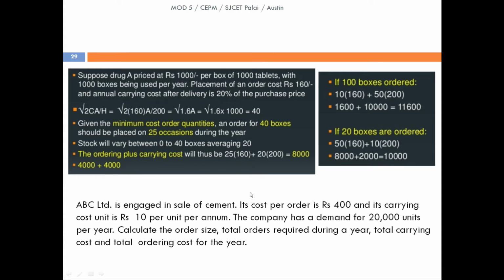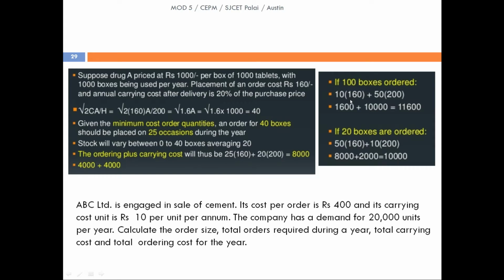This has been solved, and this 8000 rupees has been found theoretically based upon our concept of economic order quantity. But if we are not following this concept, and if we are simply randomly taking a number of boxes, for example, if we require 100 boxes, then the ordering cost remains the same.